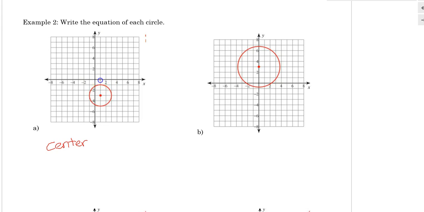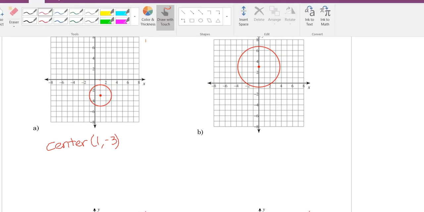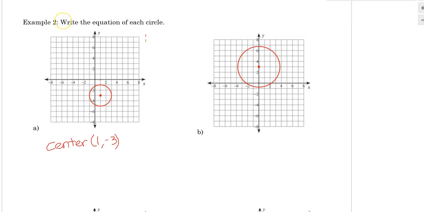My center is at 1, then down 3. Then my r, I want to know what r squared is. R squared equals, well, I went over 1, 2. That's 2 squared, which is 4.